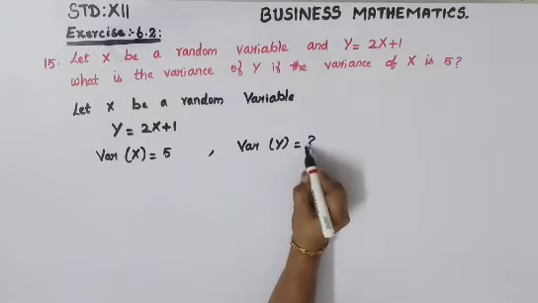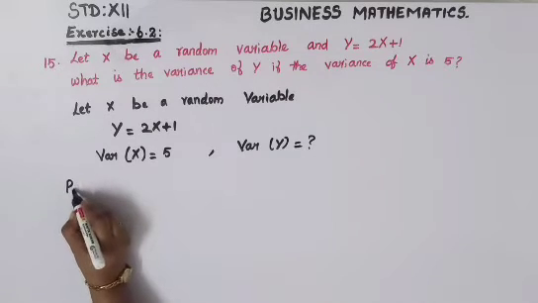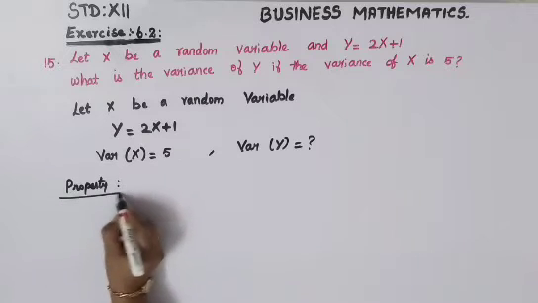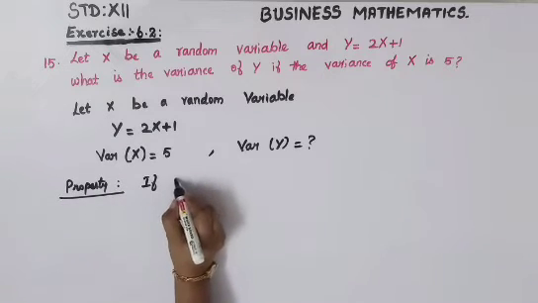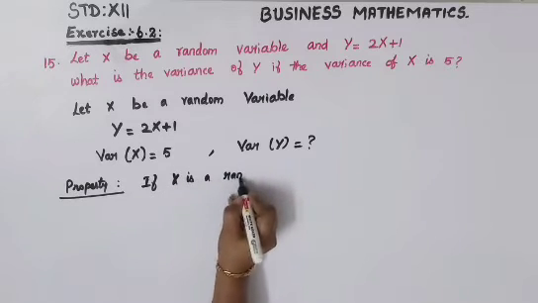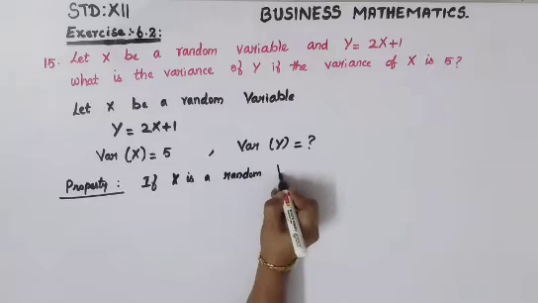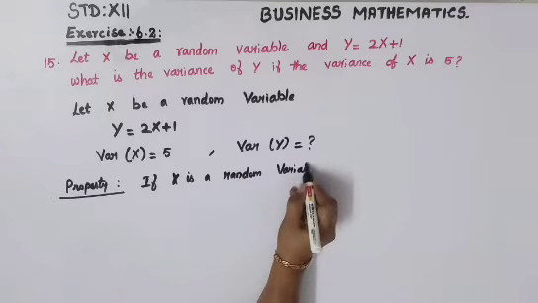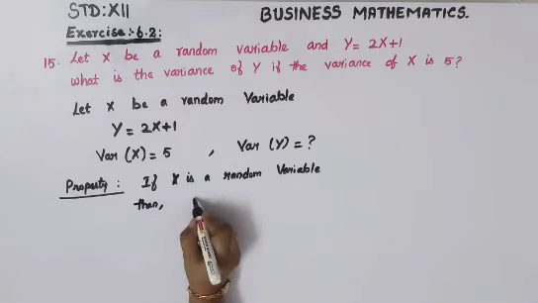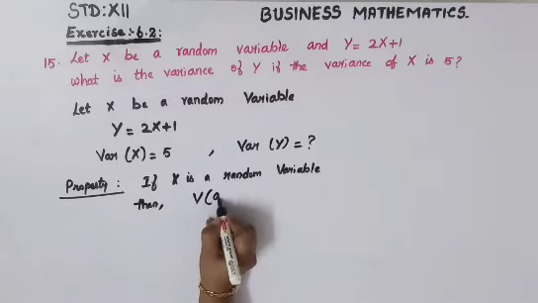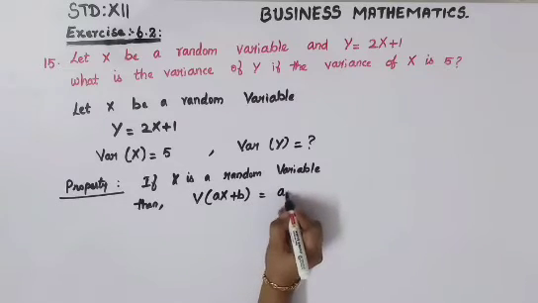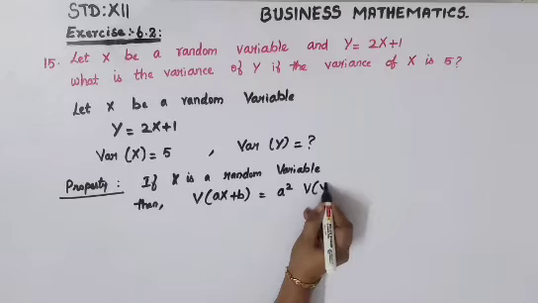So we'll just use a property, that is, if x is a random variable, then variance of ax plus b is equal to a square into variance of x.